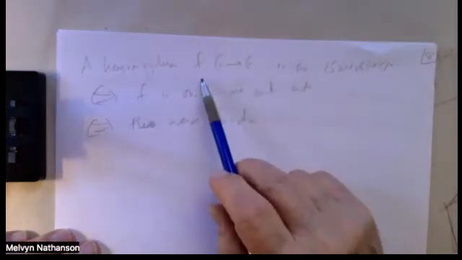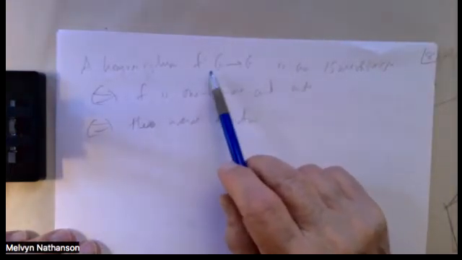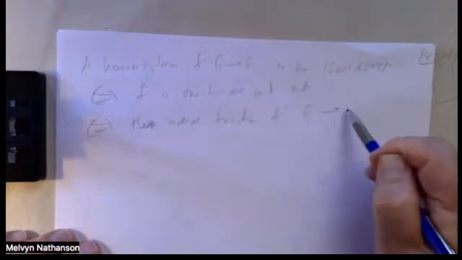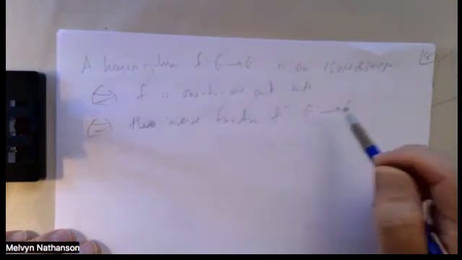Whenever you have a one-to-one and onto function from one set to another, there's an inverse, which takes the image back to the domain where you started.